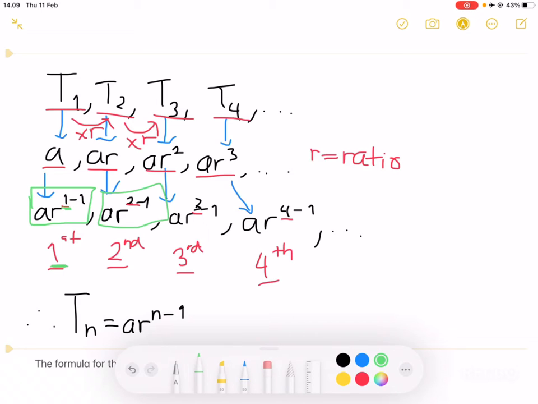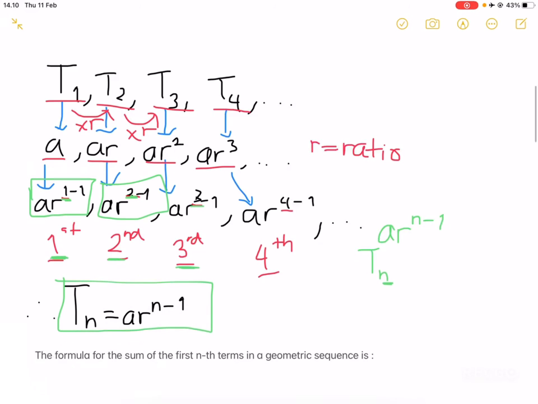So this one corresponds with 1, this 2 corresponds with 2, this 3 corresponds with 3, and so on. So if you're asking for the nth term, let's say tn, that means this n must correspond to the exponent of r. So just write a r to the whatever n is minus 1. So this is where the formula originates from.